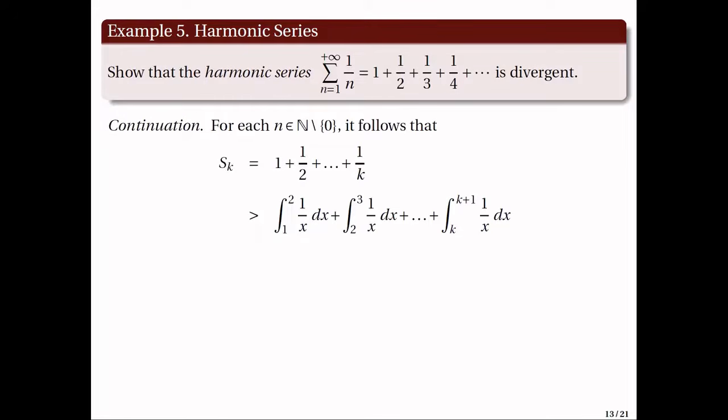And note that the summation of these definite integrals is equal to the definite integral of 1 over x, with x ranging from 1 to k plus 1. Evaluating this definite integral gives us ln of k plus 1.